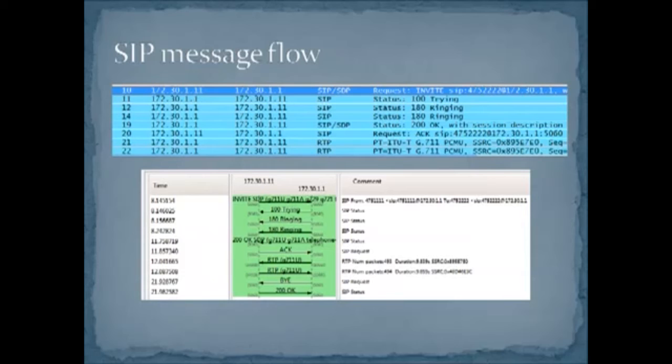Now, what I also wanted to point out here is that a very handy tool in Wireshark and OmniPeak and other packet capture analysis software tools is the ability to flowchart the conversation. And so this becomes an important skill for us, not only in being able to read one of these diagrams, but actually be able to generate one. And so here we can see the two sides of the conversation, 1.1 and 1.11, and here are the messages flowing back and forth as indicated by the arrows.